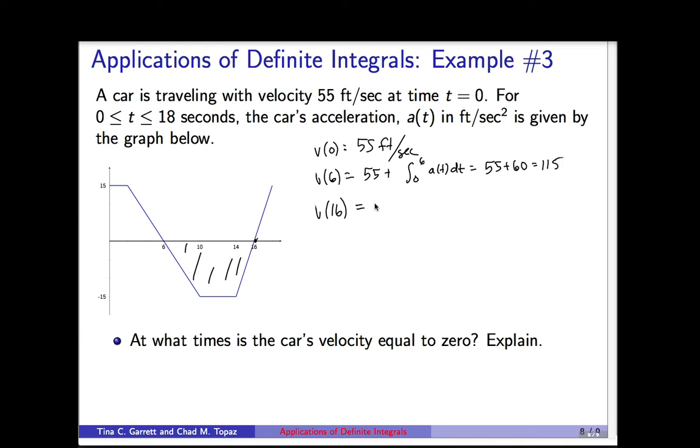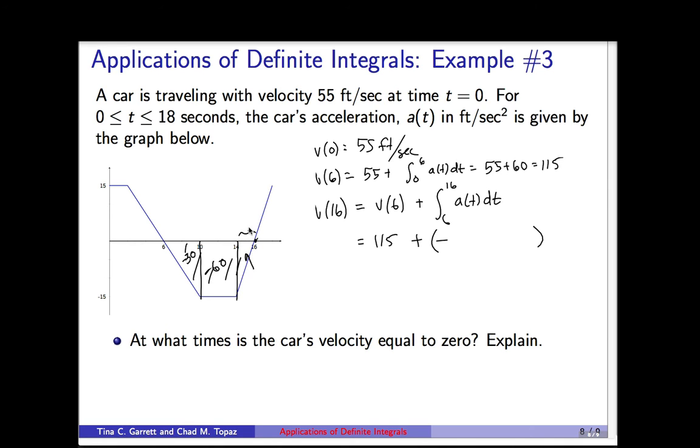Well, it's going to be the velocity at time 6 plus the integral from 6 to 16. The area will now contribute negatively, and that's going to be 115 plus, and we'll get a negative in here. And if you just think about that guy right there, I think we get a negative 30 for that. This is going to be a 4 times a 15. That's a 60, and since it's below the axis, you get a negative.